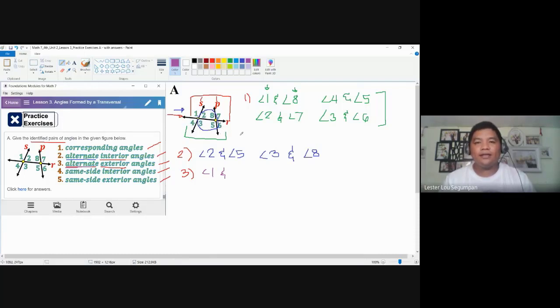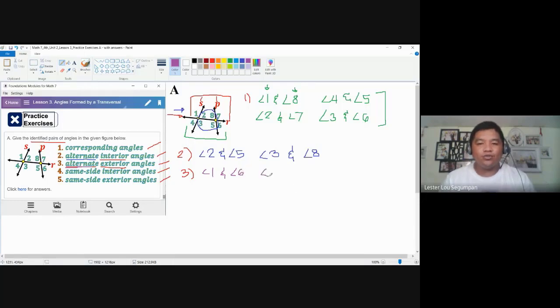That is answered by the third condition, which is that they should be non-adjacent. Since 4 is adjacent to angle 1, it's not possible. So the angle to be paired with angle 1 for them to be considered alternate exterior angles is angle 6.